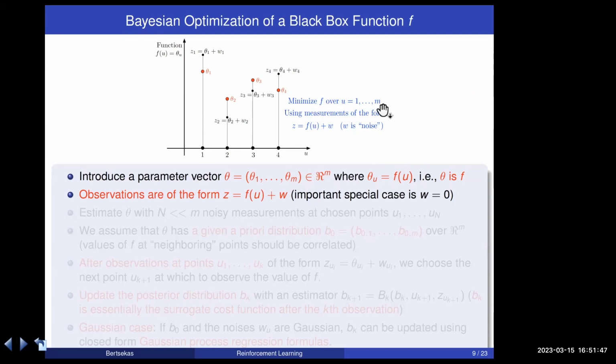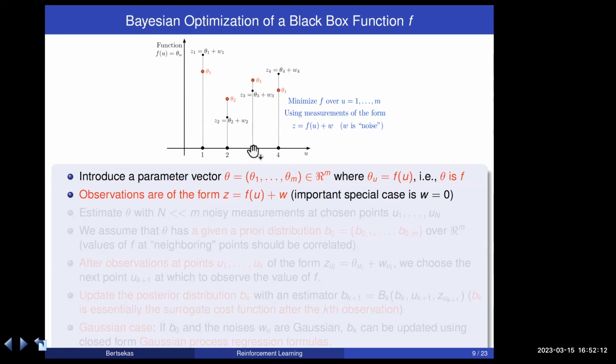And we want to use measurements of the value of the function plus perhaps some noise W, stochastic noise. And the noise could be 0. The measurements could be exact as a special case, but we're going to consider more generally the case where it's not exact. So here you see the picture.